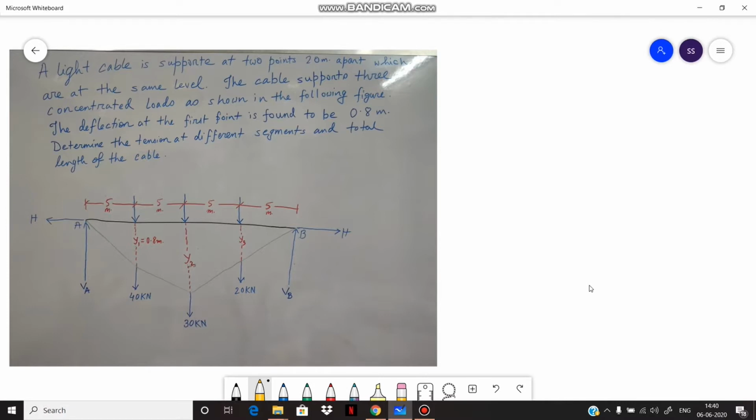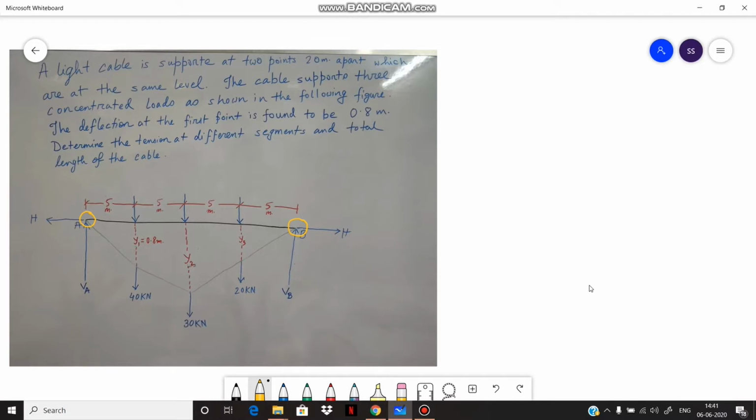A light cable is supported at 2 points 20 meters apart, which are at the same level. That means we're talking about these 2 points. That is, the distance between A and B is 20 meters and they are at the same level.